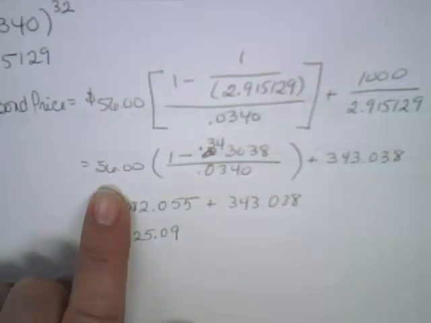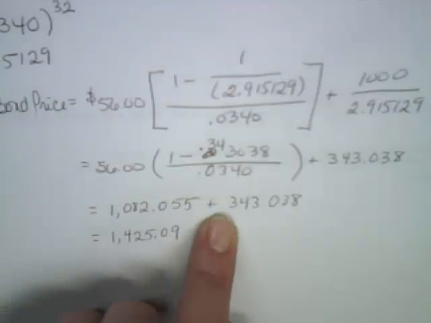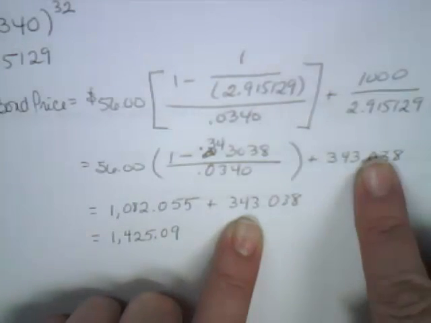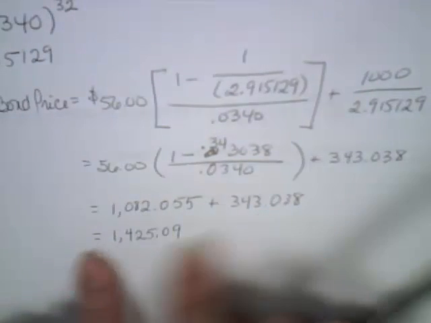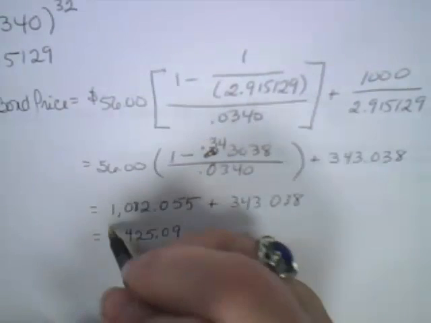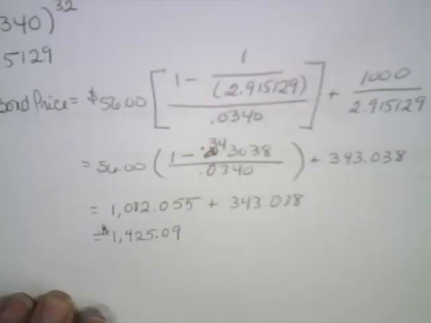Multiply that by 56, which gives us 1,082.055, plus the 343.038 that we got up here. We add those two numbers together to give us the $1,425.09, which is the price of this 11.2% coupon bond.